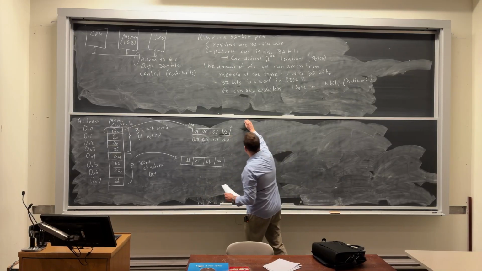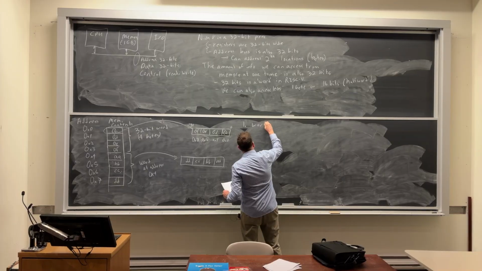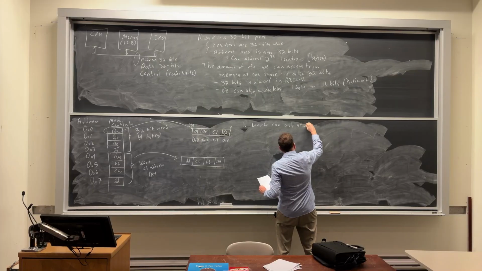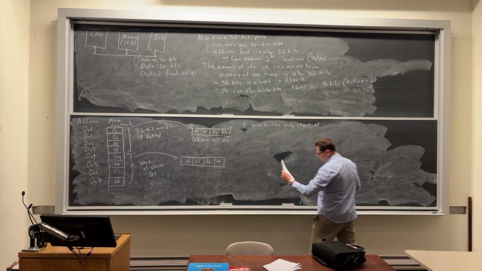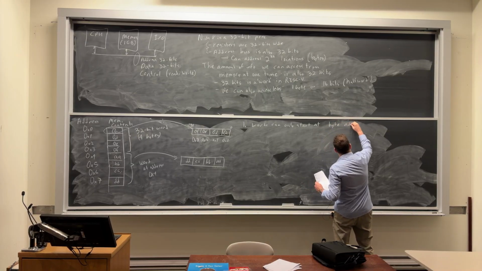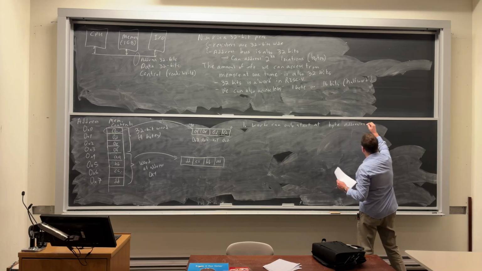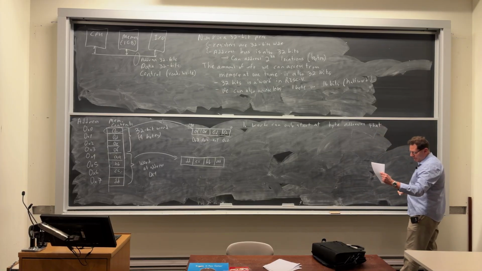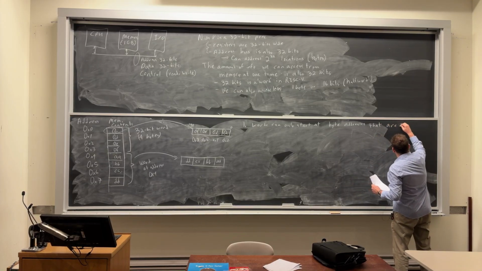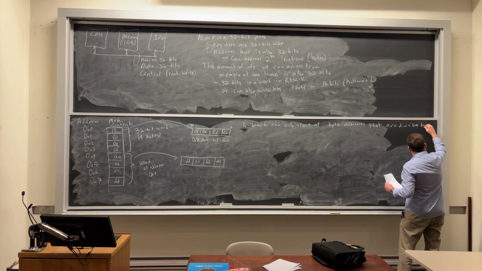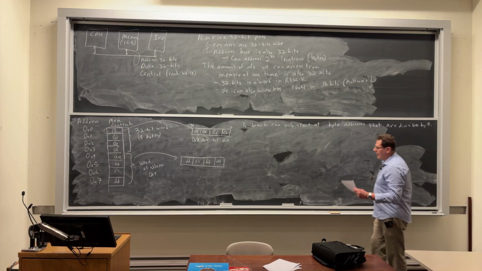So I guess 2 things I want you to remember. First, words can only start at addresses that are divisible by 4. Okay, so the addresses are bytes, and for a word, that address has to be divisible by 4. Okay, so why do they do that?